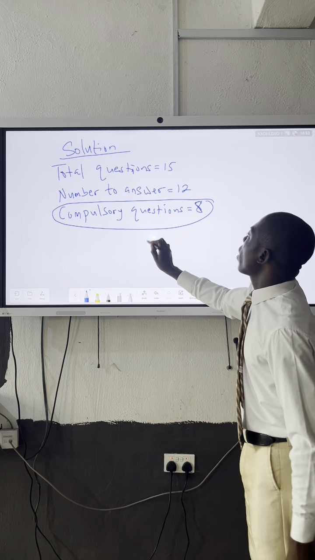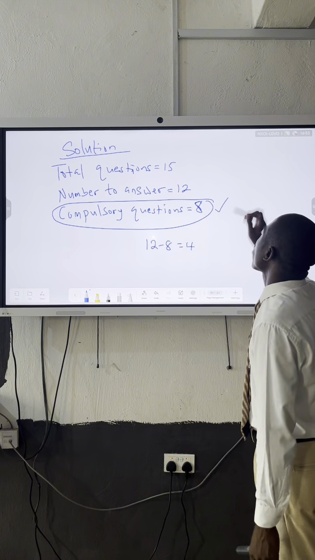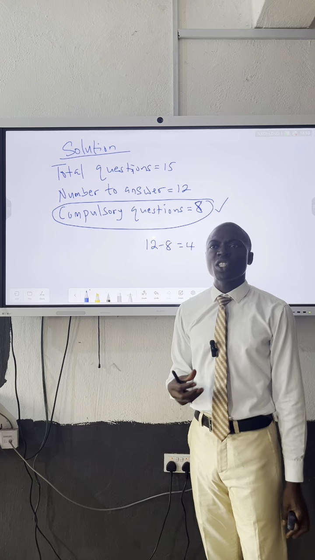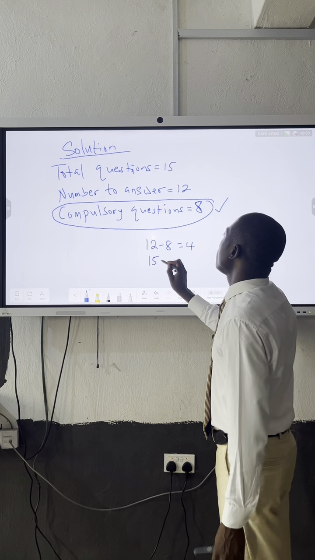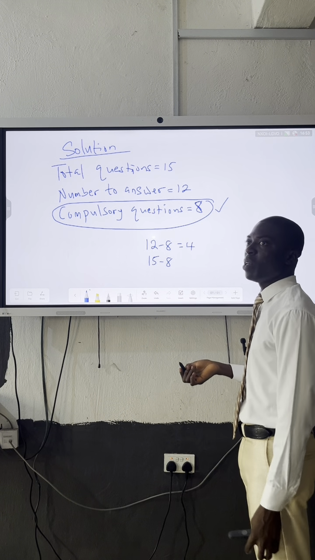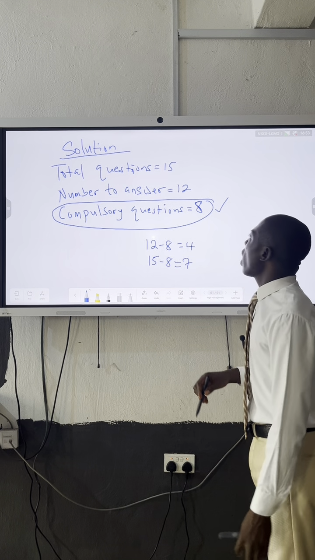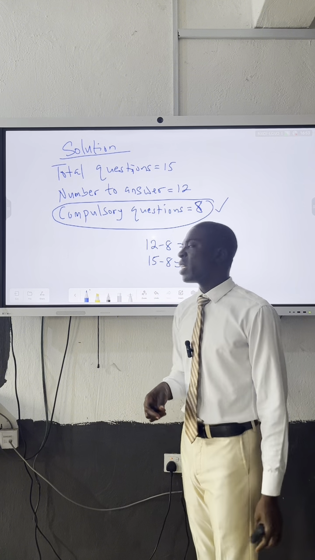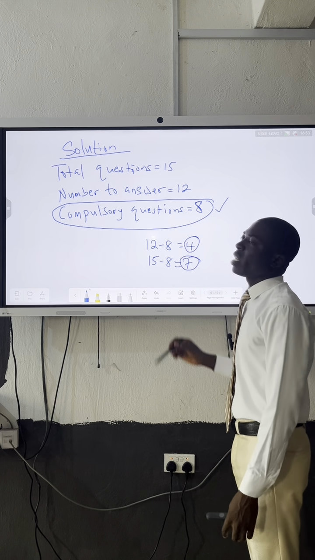So we are going to have 12 minus 8, which will give us 4. After answering the 8 compulsory questions, the candidate is now expected to answer 4 more questions from the remaining ones. The number of questions will now reduce to 15 take away the 8 compulsory questions, which is 7.